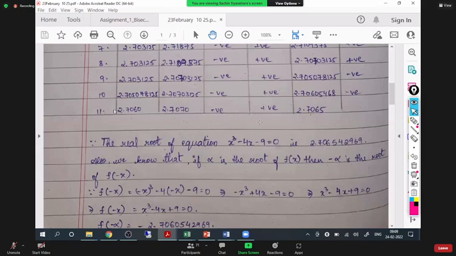Here 2.706 is the answer he wrote. If someone wrote 2.705 or 2.708, that is also okay.